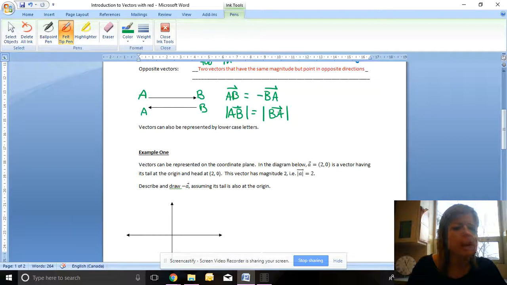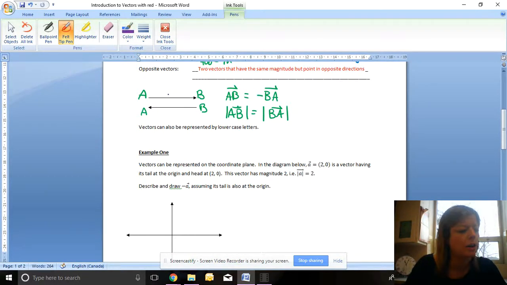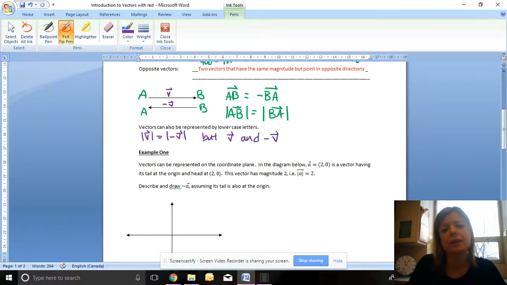Vectors can also be represented with lowercase letters. I could call this vector v, the whole thing, and then this vector would be negative v in relation. So the magnitude of vector v is equal to the magnitude of negative v, but vector v and negative vector v point in opposite directions.